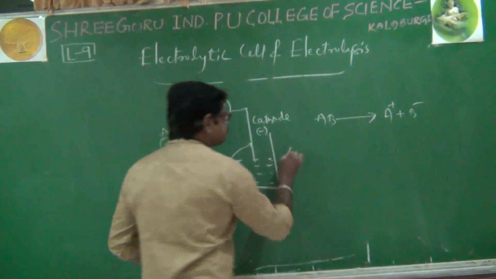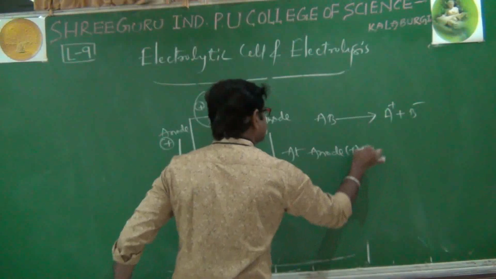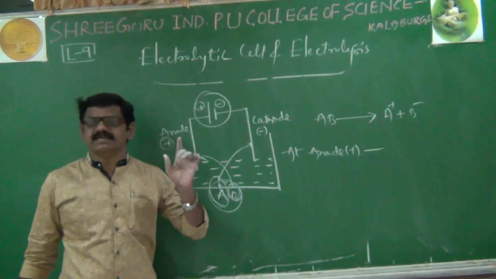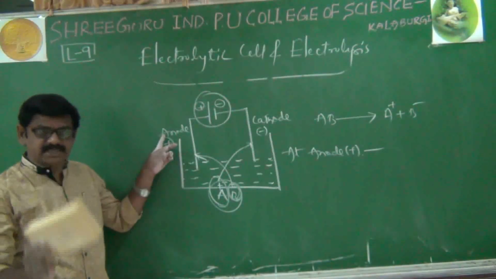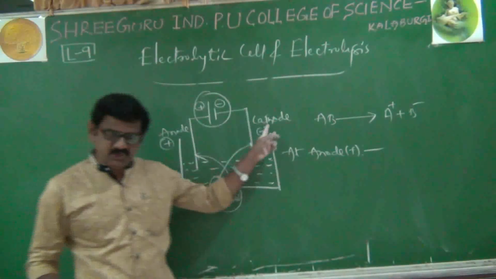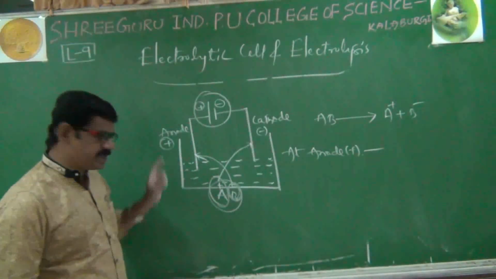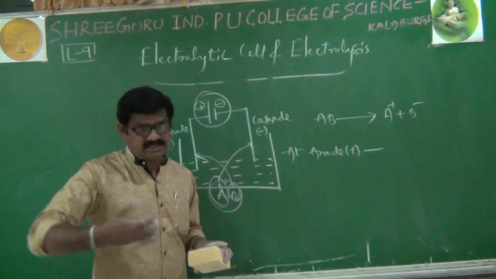At the anode, which has the plus sign, here is one similarity between an electrochemical cell and an electrolytic cell. That is, at the anode, oxidation only should take place, and at the cathode, reduction only should take place. That's why at the anode, here also oxidation is taking place. What is oxidation? Already known to you: loss of electrons.